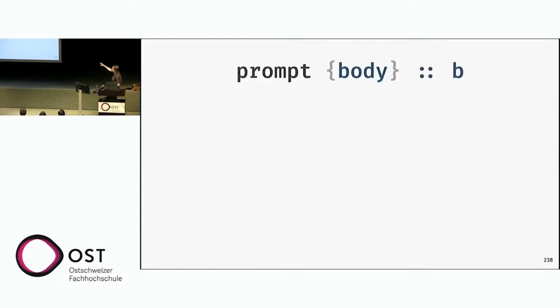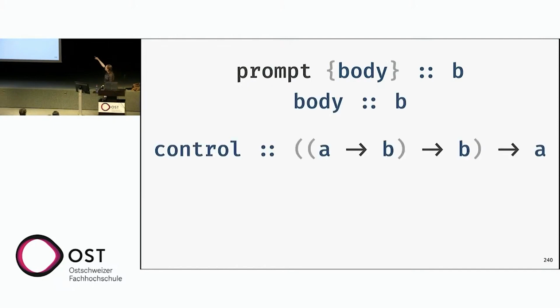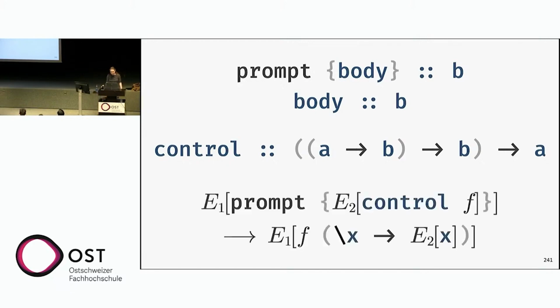So if we look at prompt and control, we have something that's a similar problem, but kind of in reverse. So here, I'm just going to use B to be the return type of prompt, just to be consistent with previous examples. And now we have this familiar type for control that many of you may have remembered seeing at some point, which is very confusing. But again, if we look at the reduction rule, then it makes sense, because this bit corresponds to the captured continuation.